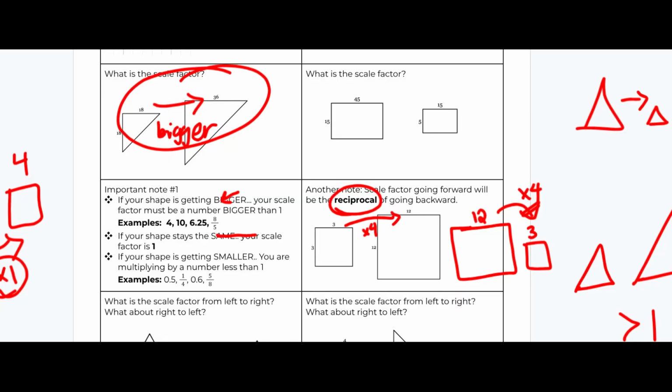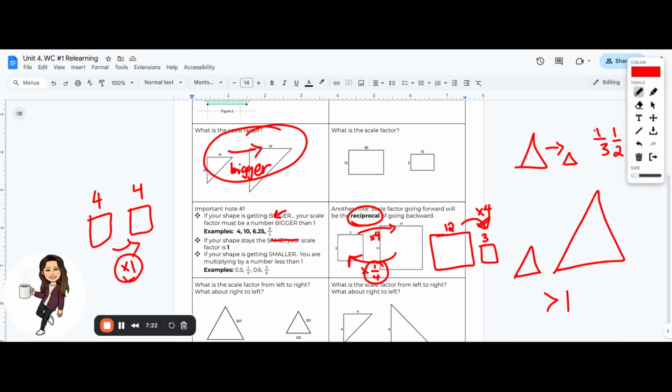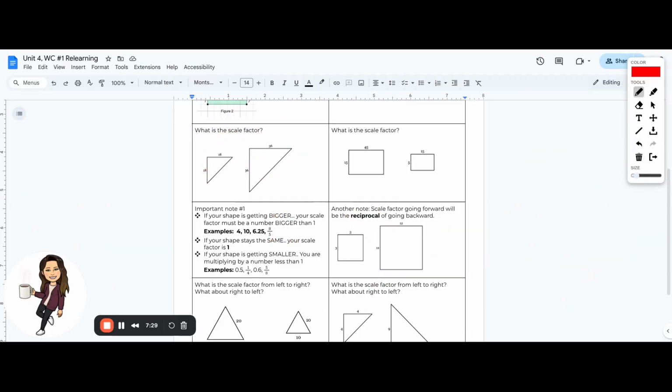So this reciprocal relationship can be very, very helpful to you. If you know from 3 to 12 is times 4, then that means from 12 to 3 is times 1/4, okay? So let's say you have a problem that looks like this.